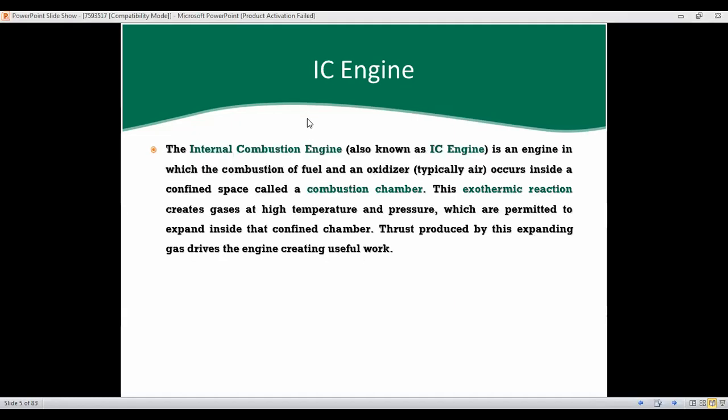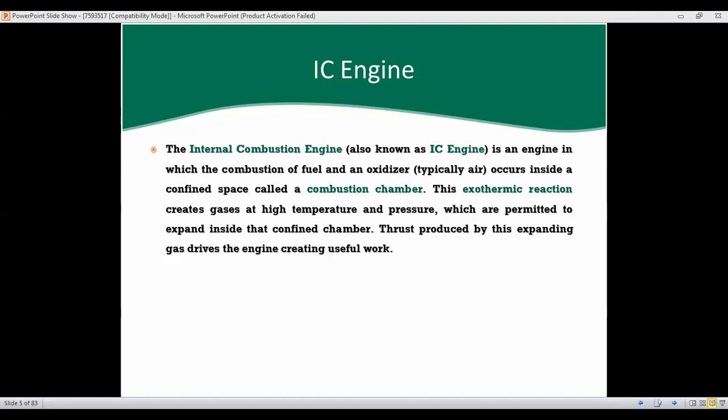Now, the IC engine. What is the IC engine? The internal combustion engine, also known as the IC engine, is an engine in which the combustion of fuel and oxidizer, typically air, occurs inside a confined space called a combustion chamber. The oxidizer is nothing but the medium which adds oxygen, because oxygen helps here to burn the fuel.